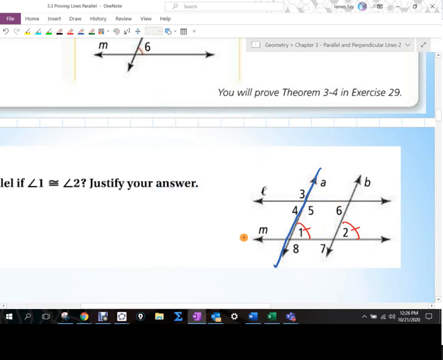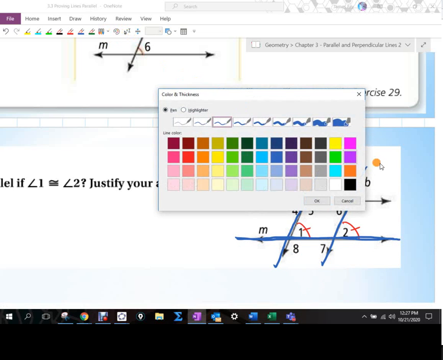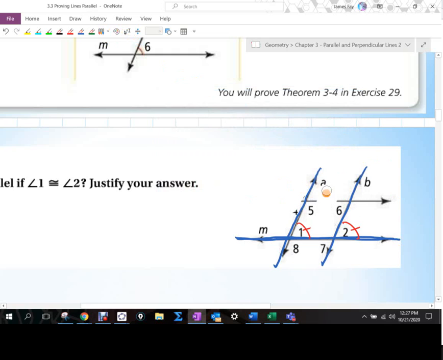Would you agree that that line and that line make up angle 1? I'm going to do the same thing for angle 2. Would you agree that that line and again line M make up angle 2? I'm just trying to focus my attention there. That means all this other stuff was useless garbage, right?